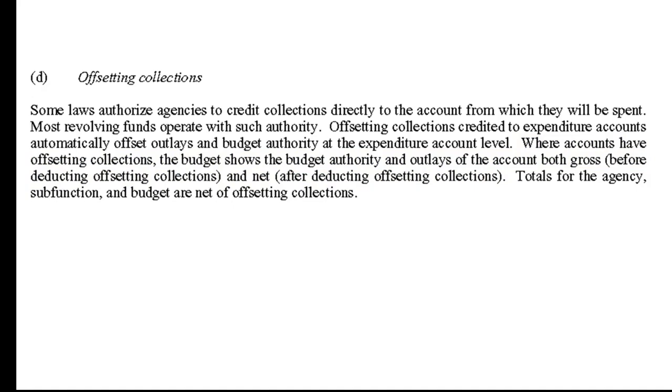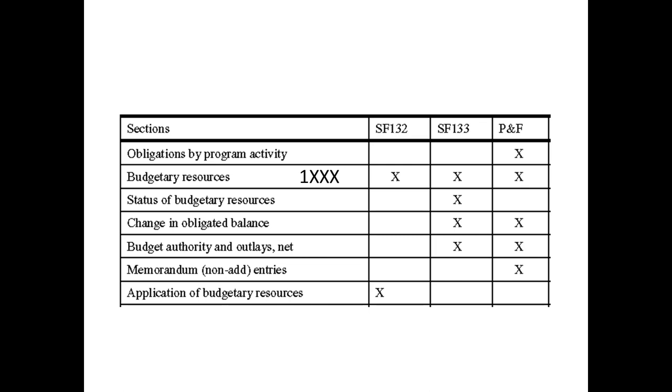Let's take a look at the lines that accomplish this. This section that accompanies the offsets is this one, budget authority and outlays net. This is the 4000 series of lines. These lines appear in the Standard Form 133 and the Program and Financing Schedule, but do not appear in the apportionment, the SF-132.